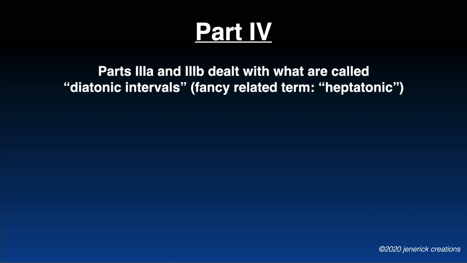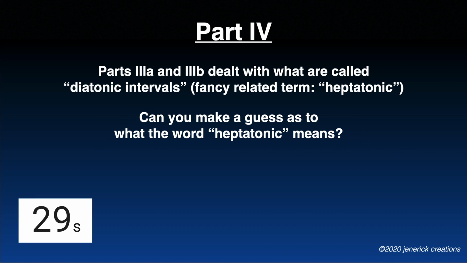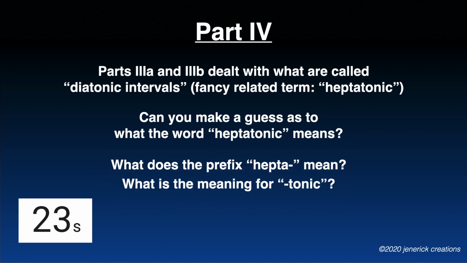There's a fancy related term called heptatonic. Can you make a guess as to what the word heptatonic means? You have to think, what does the prefix hepta mean, and what's the meaning for tonic?